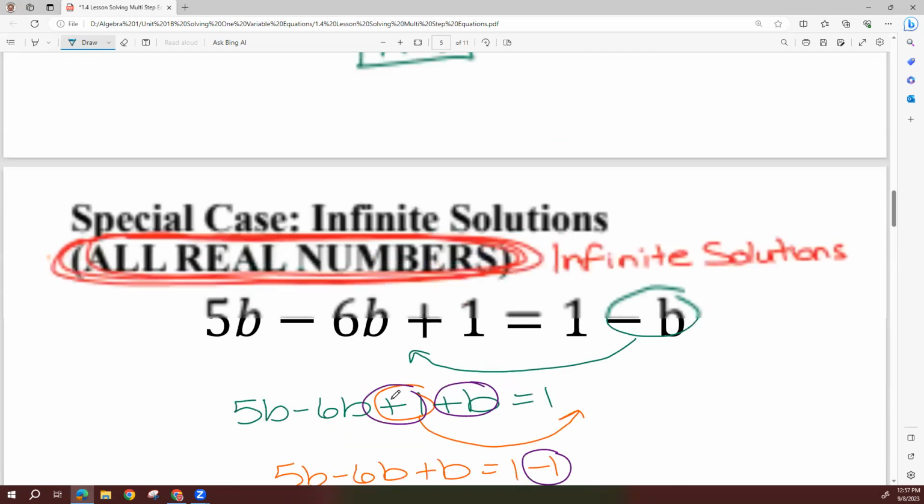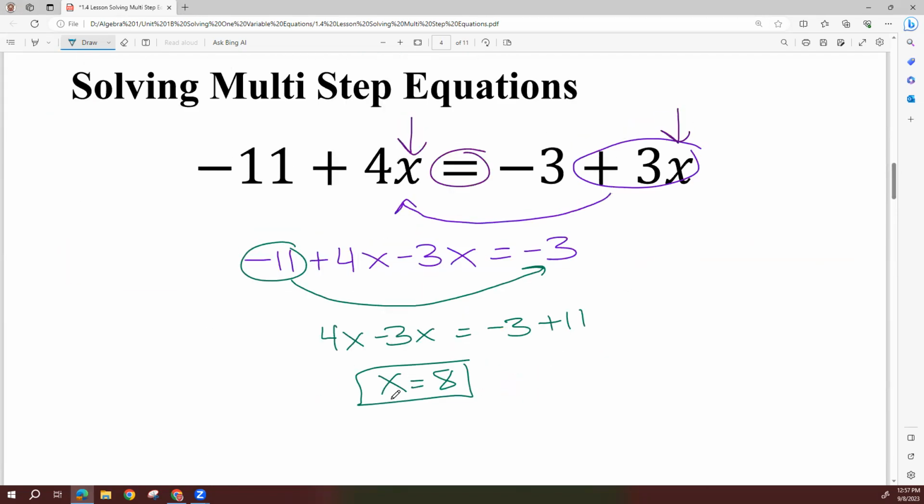If you ever want to check your answer, if I wanted to make sure that x is actually equal to 8, I could evaluate both sides of the equal sign and make sure they come to the same answer. So I could plug 8 in like we did at the beginning of the year on my left side, and plug 8 in on my right side, and evaluate both sides like we evaluated expressions.